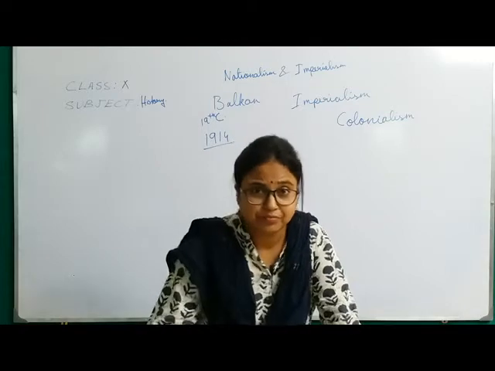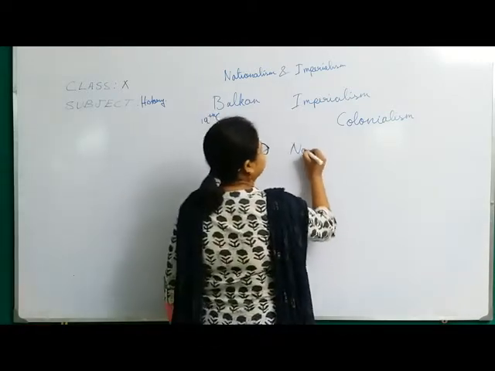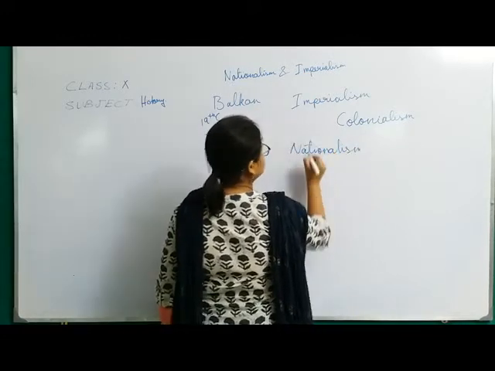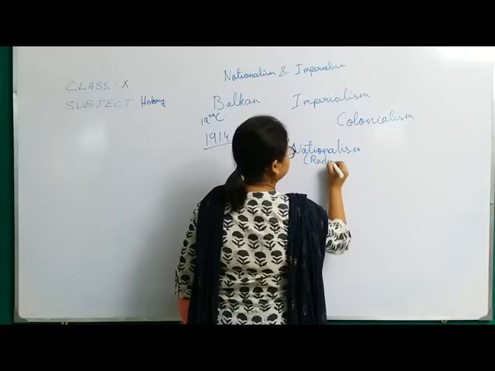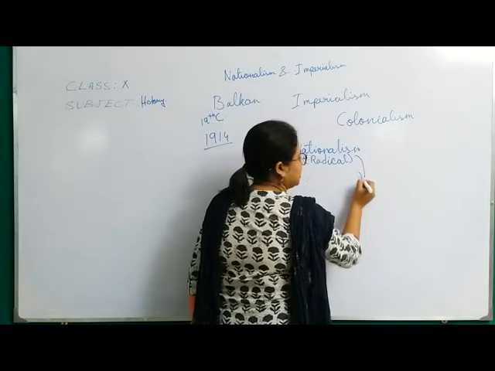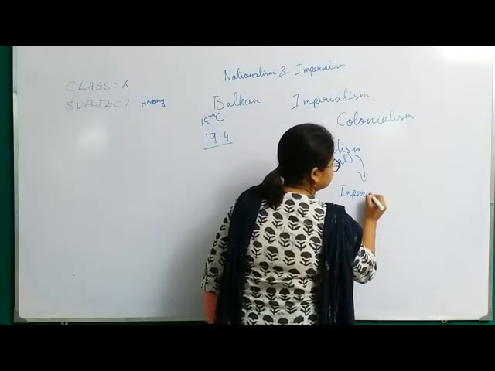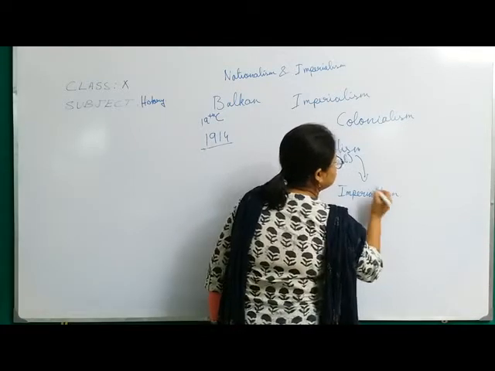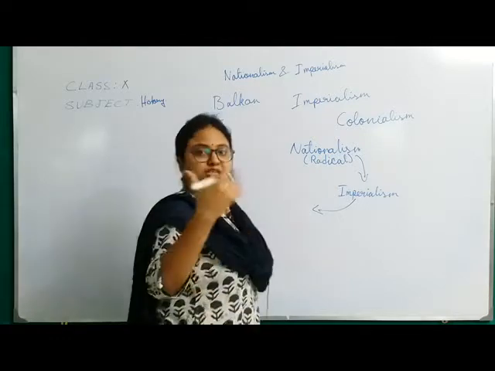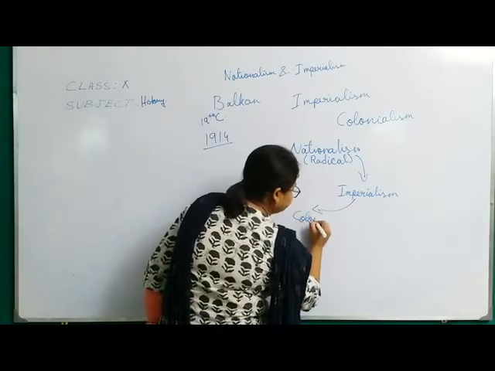So you can see the circle which I was mentioning: nationalism in a radical form transforms into imperialism, and imperialism taking place in a new country becomes colonialism.